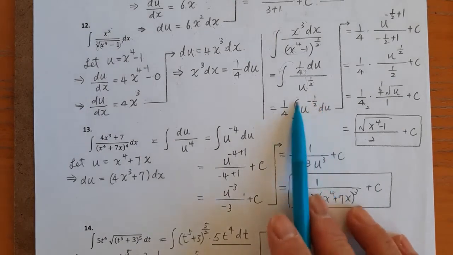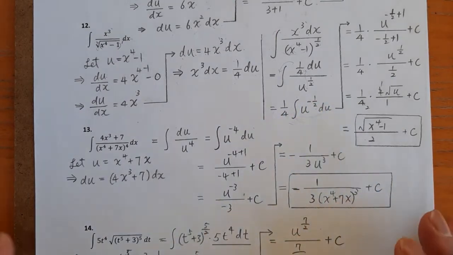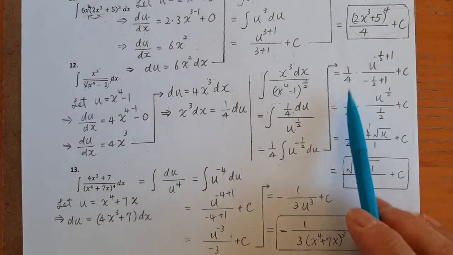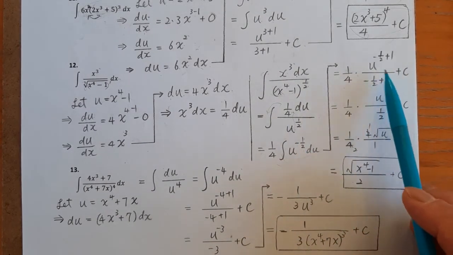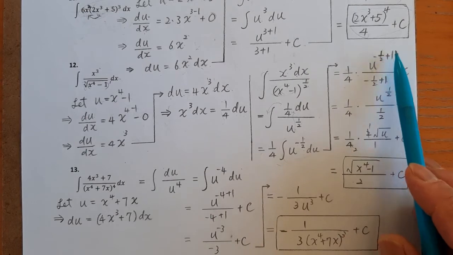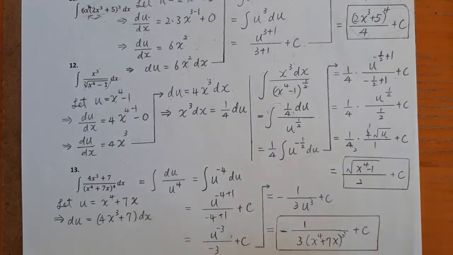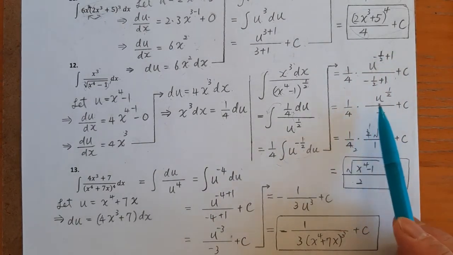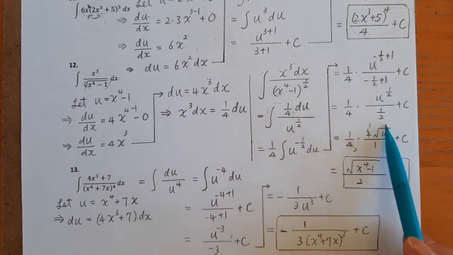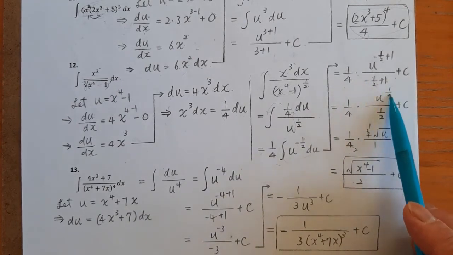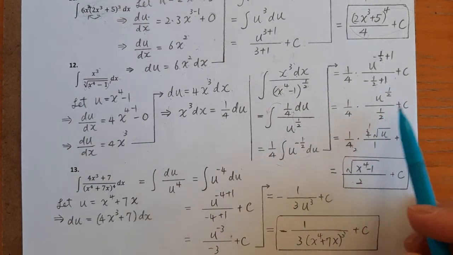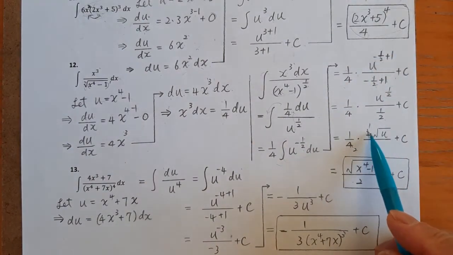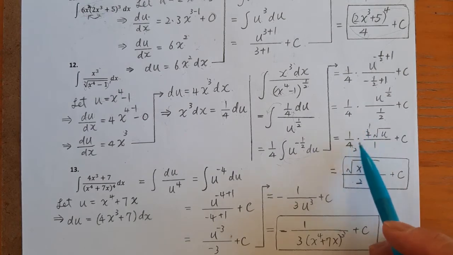And this we use the power rule to do. So we get 1/4 times u to the negative 1/2 add 1, over negative 1/2 add 1, plus c. Simplify it: negative 1/2 add 1 is 1/2, so it is 1/4 times u to the power 1/2 over 1/2, plus c. Then the reciprocal of 1/2 becomes 2 over 1, and 2 with 4 cancel.